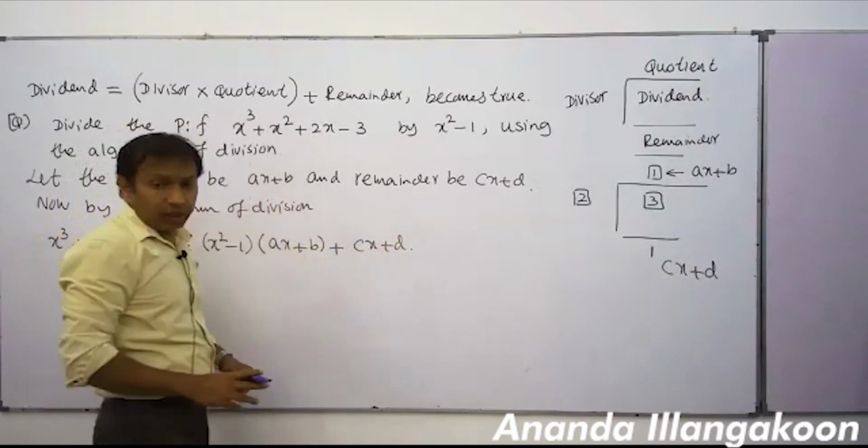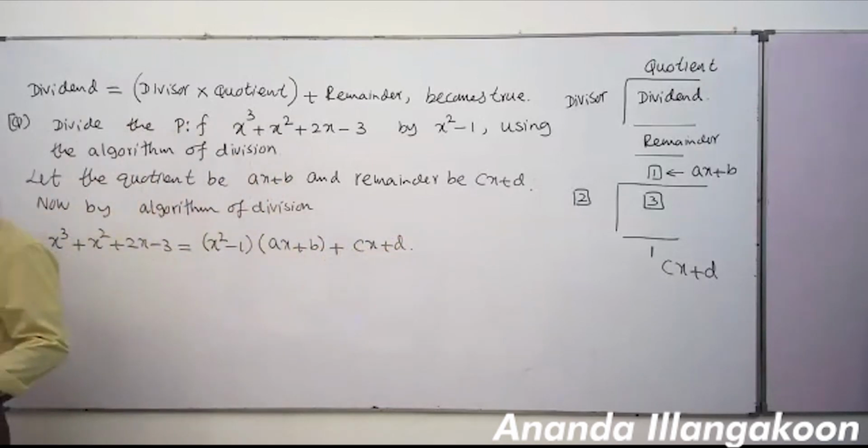This is the algorithm of division. Now our purpose is to find these 4 values, a, b, c, d. If we know them, then we know the quotient and the remainder. That is the end of the division. Now we find this a, b, c, d like this.